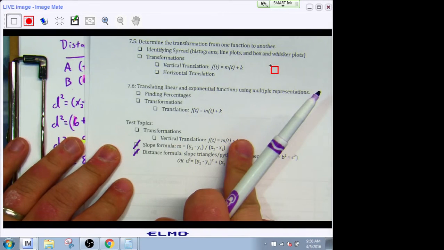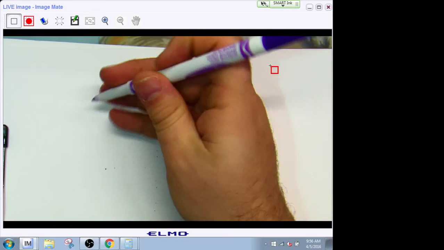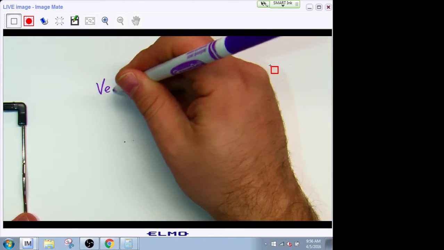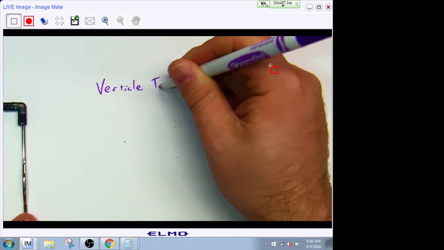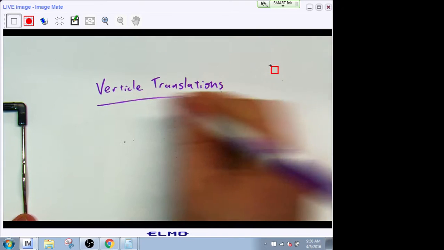And the thing that we're talking about the most is vertical translations. All right, so let me go ahead and grab a new piece of paper for this concept. So you have the concept of vertical translations.